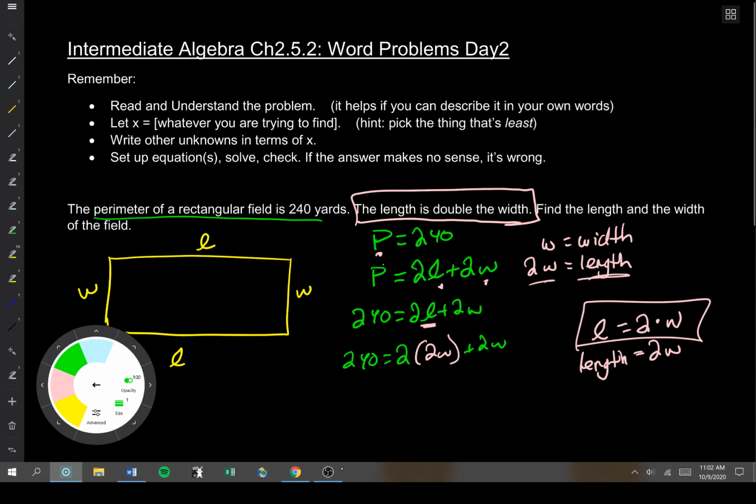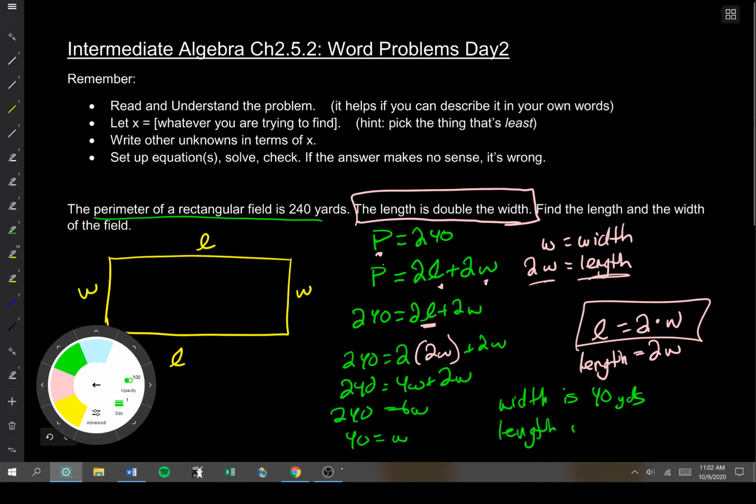Now just the variable W appears twice. This unknown of W appears twice. So 240 equals 4W plus 2W. So 240 equals 6W. So 40 equals W because I divide both sides by 6. If the width is 40 yards, then the length is 80 yards, because the length is double the width.